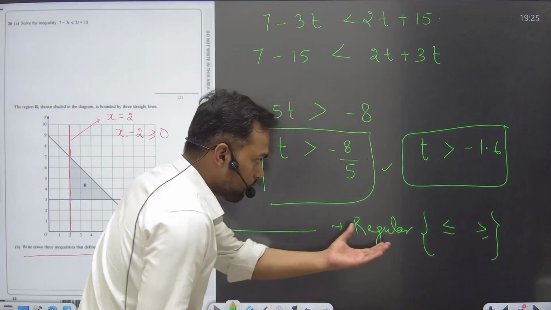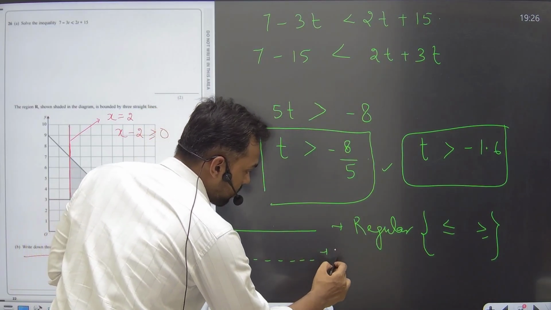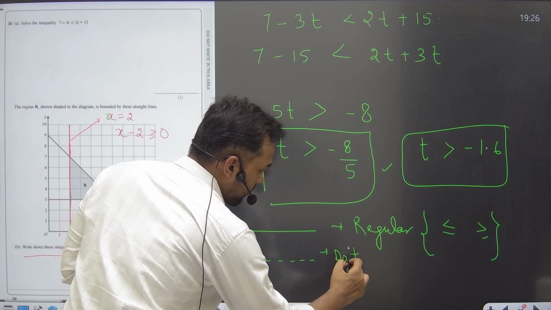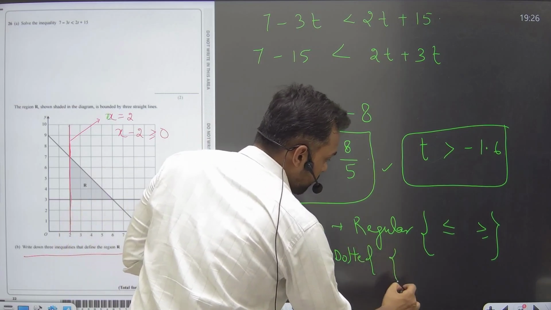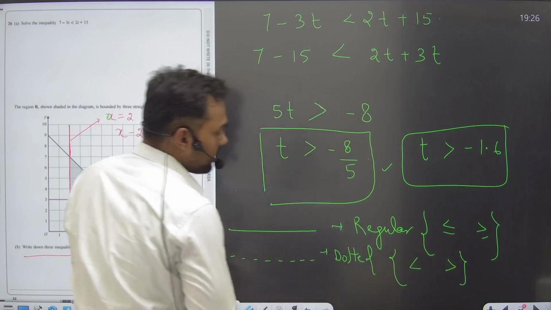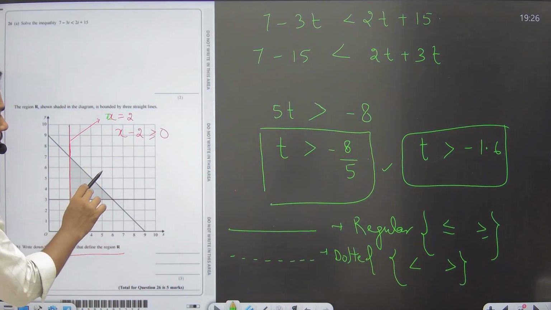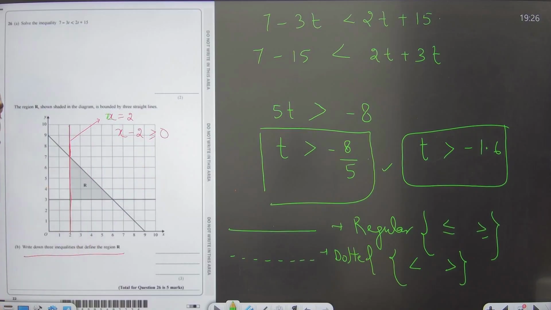But if the line is dotted, the inequality sign will be either less than or greater than. So don't get confused. So x minus 2 is greater than or equal to 0.